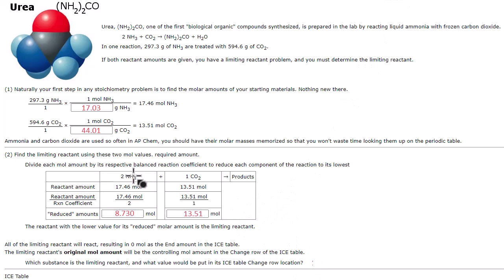So divide by the coefficients. The smaller amount will be the limiting reactant and will be the thing that you're going to focus on. This is the ammonia, the limiting reactant, which we'd figured out anyway. But this is a fast way of doing it, and it's sufficient if you show it on an FRQ.